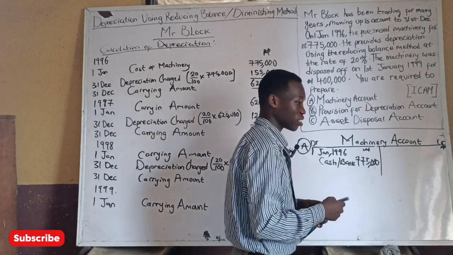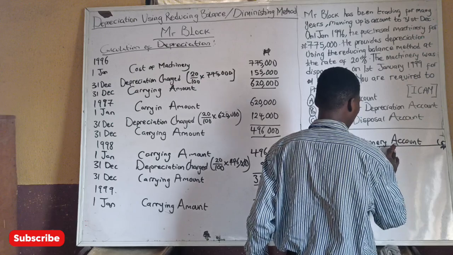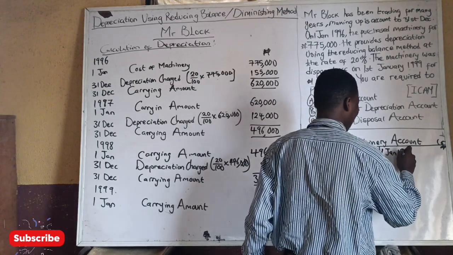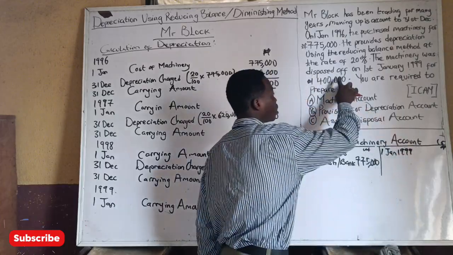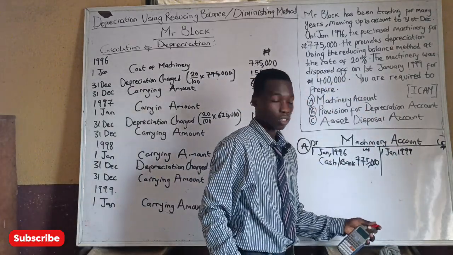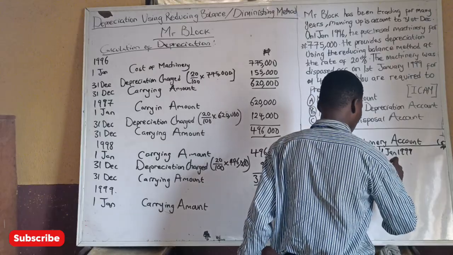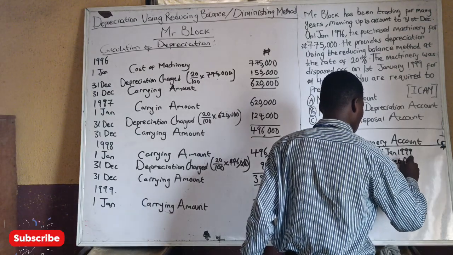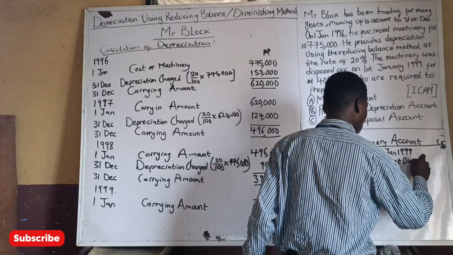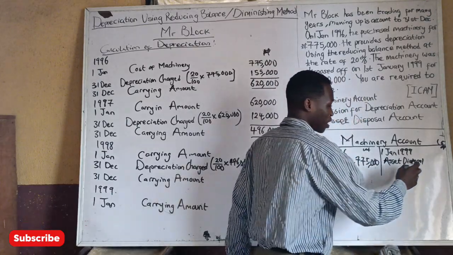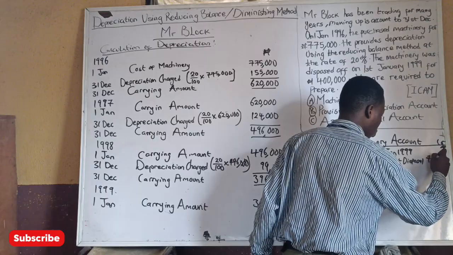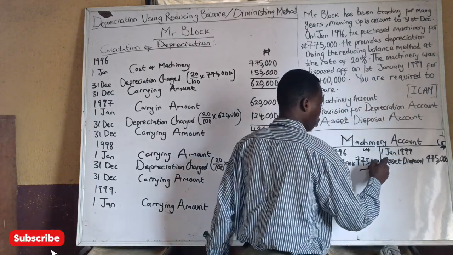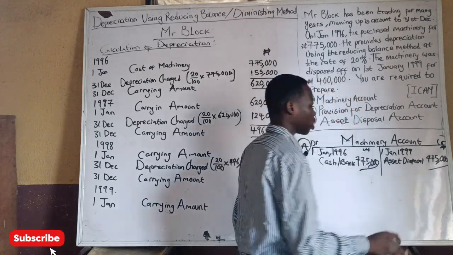So at the credit side, on 1st January 1999, we disposed of the asset. So we are going to have asset disposal, and the value is the same as what you have here, which is 775,000 naira. Therefore the accounts close each other.